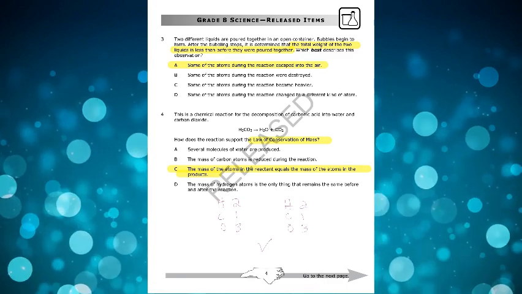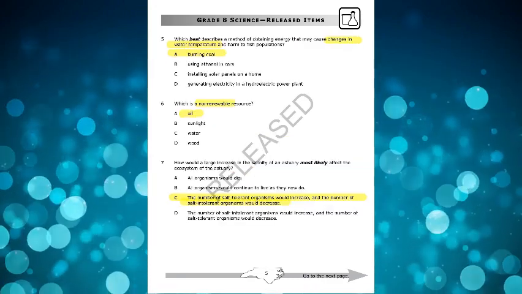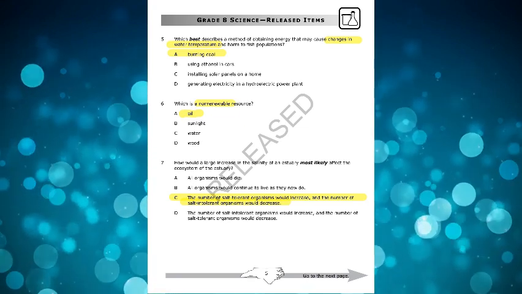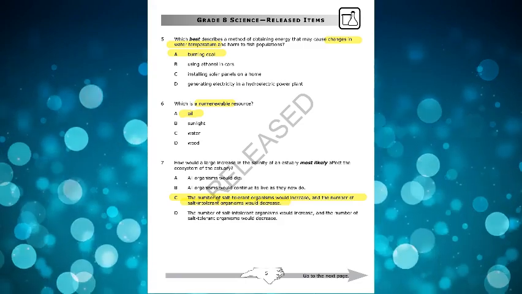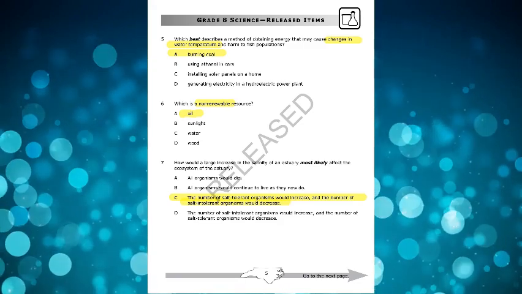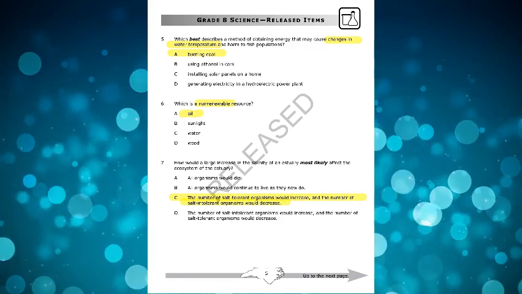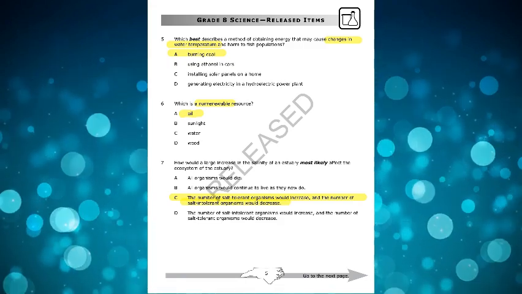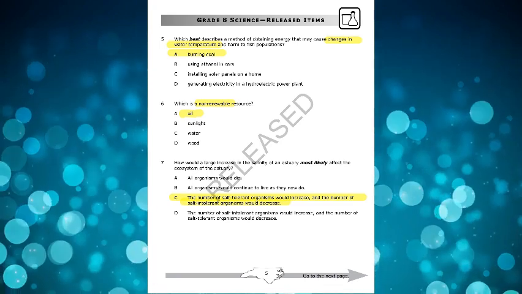Which is what the law of conservation of mass states. All right, so five says which best describes the method of obtaining energy that may cause changes in water temperature and harm to fish populations. So again, we're looking at something that is going to change water temperature and harm fish populations. Ethanol in cars isn't going to do that. Installing solar panels is not going to do that.